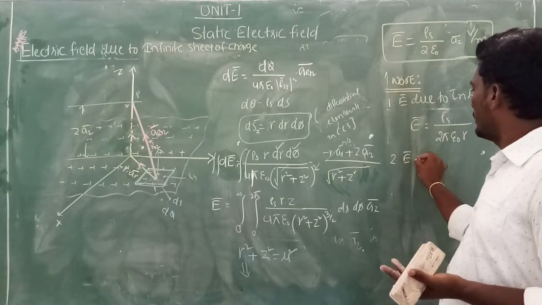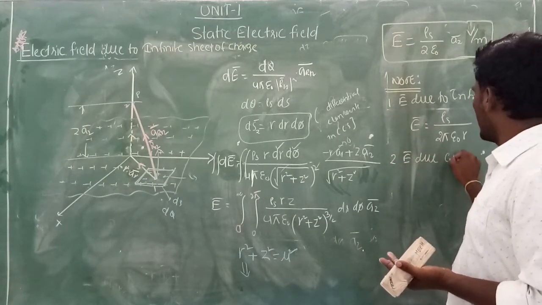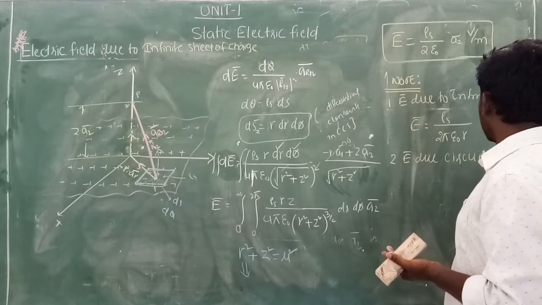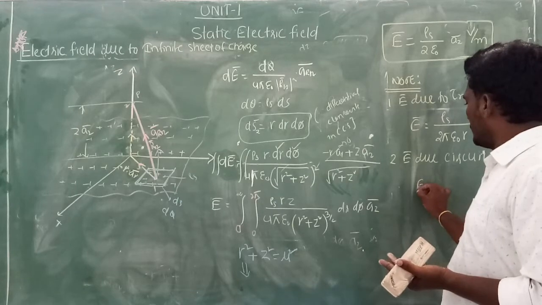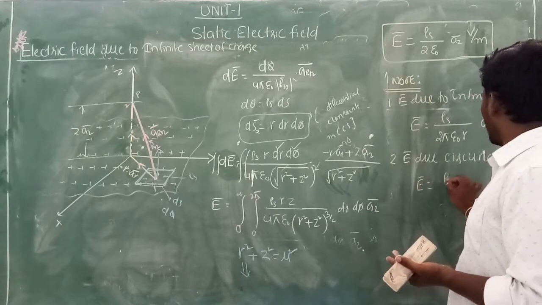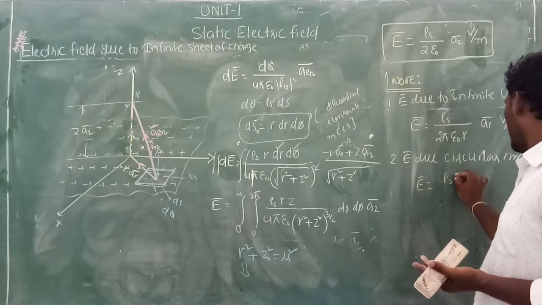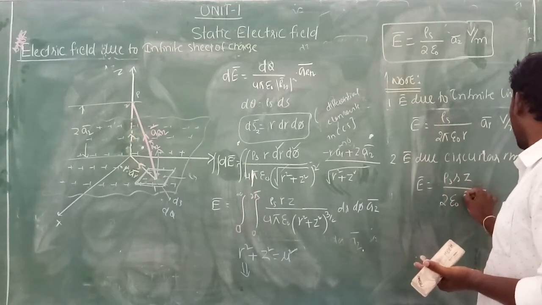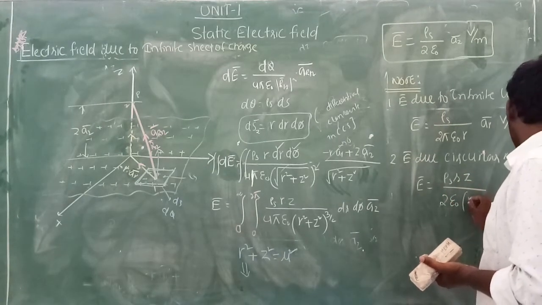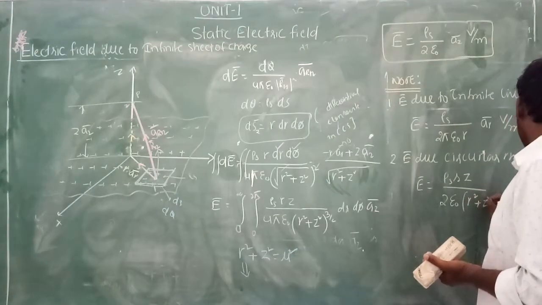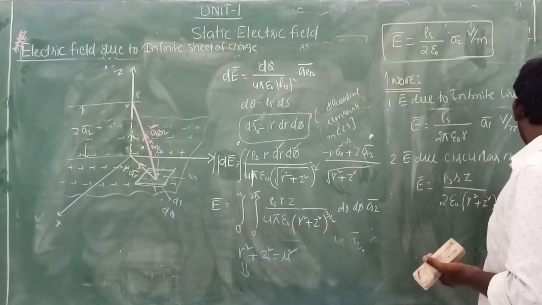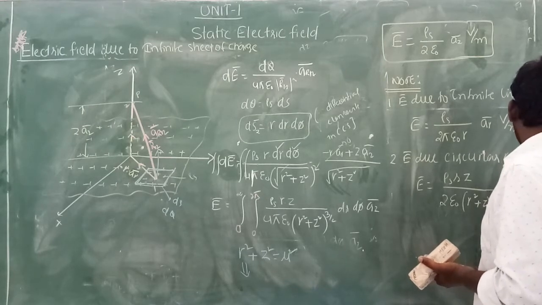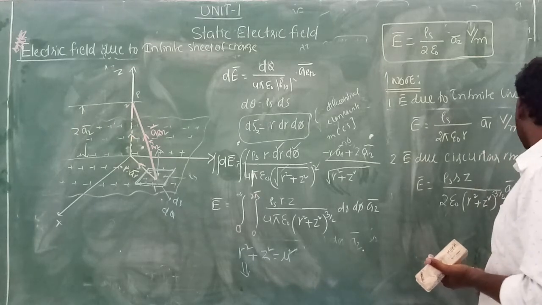Next, E bar due to a circular ring. E bar is equal to rho s r z by 2 epsilon naught into r square plus z square to the power 3 by 2, into az bar volt per meter.